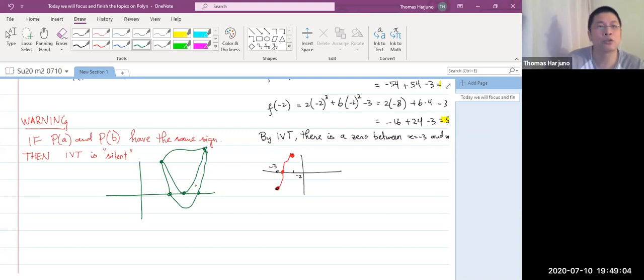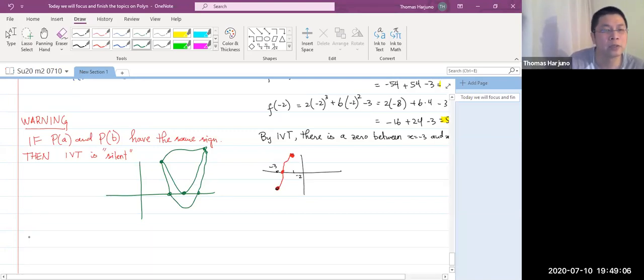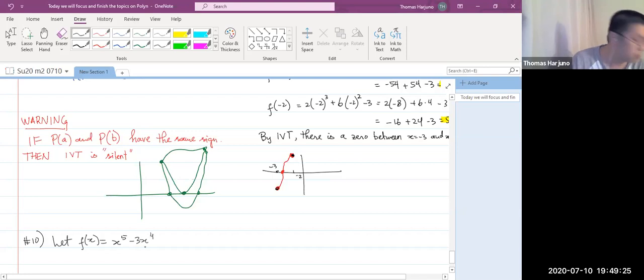Now let's do number 10. Number 10, same question. Let f(x) equal x to the 5th minus 3x to the 4th minus 9x minus 6.